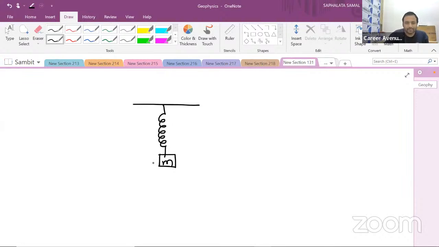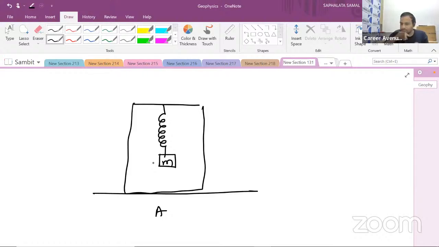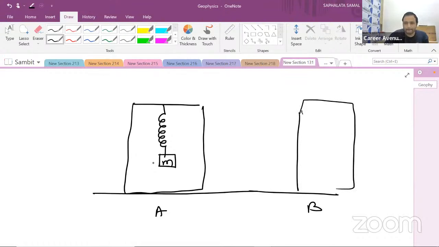Suppose this is at a location, that location is A. I brought the same machine to another place, that is B. Suppose here the g value increased. What will happen to the mass? The mass will come a little bit down. How much increase in length happened? You can calculate the increase in g value.